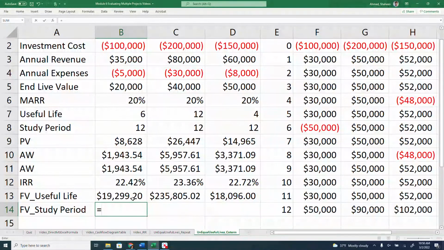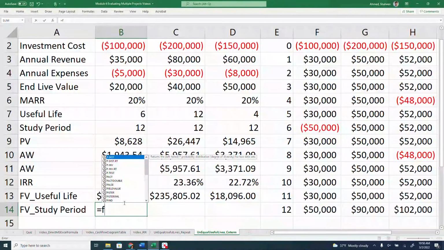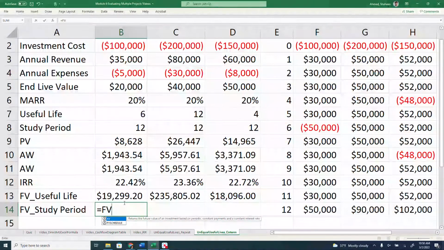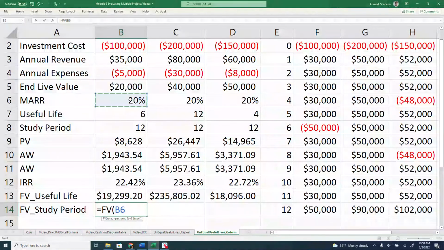So we assume that that amount of money is going to be generated by this project at that 20% mark, the minimum attractive rate of return. So simply we can use the FV function again and convert these at the same rate. And then for the number of compounding periods, this money is at year 6, and we are taking it to year 12. So it's basically compounding for 6 years.